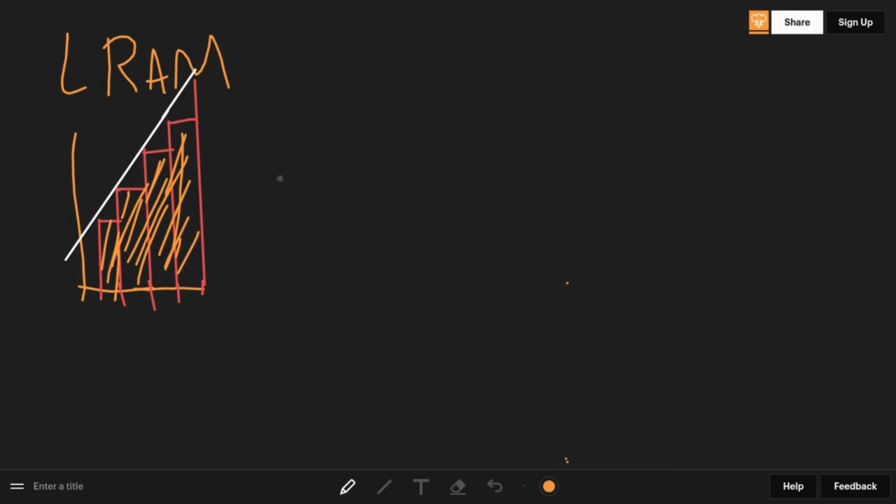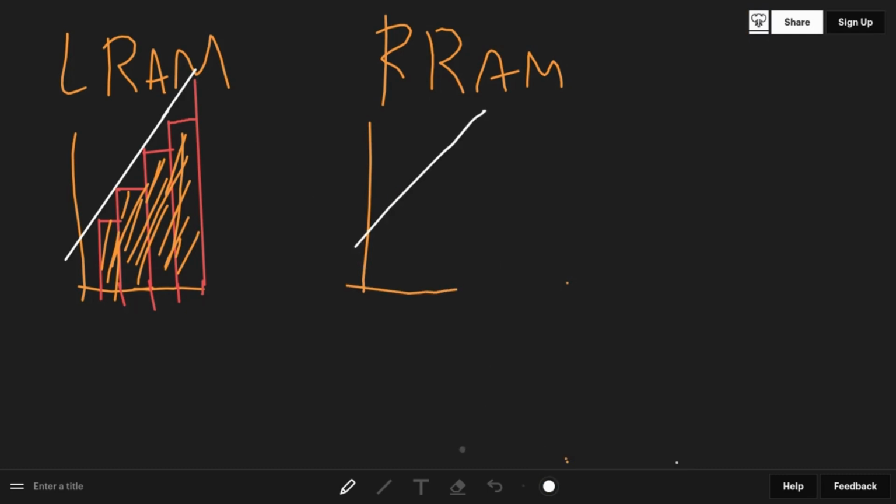However, the right endpoint rectangle approximation method, while similar, works like this. Let's say I have this here, and I have the same 4 rectangles.